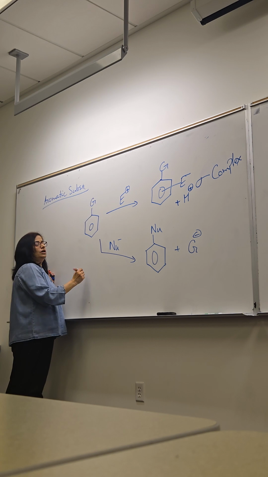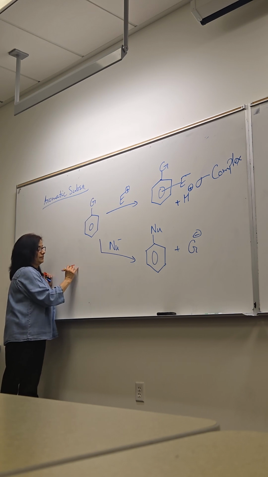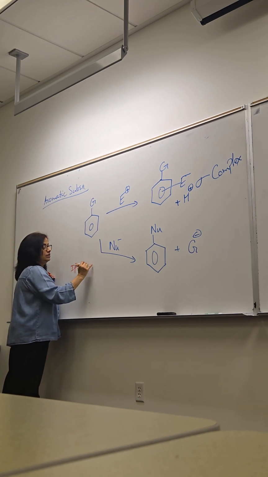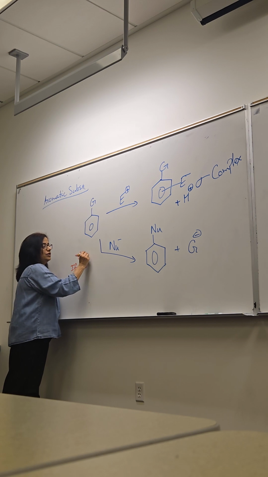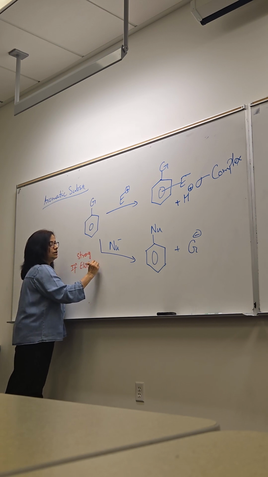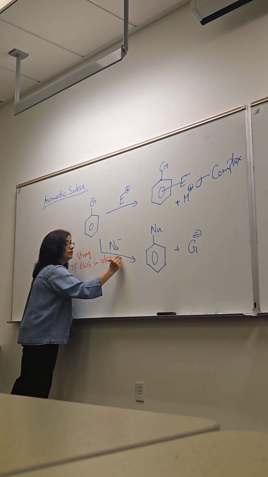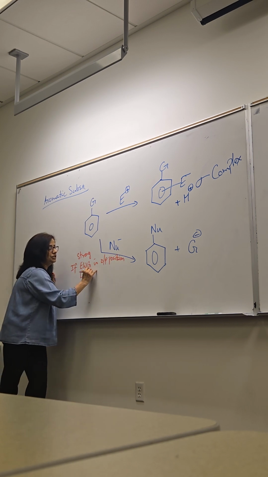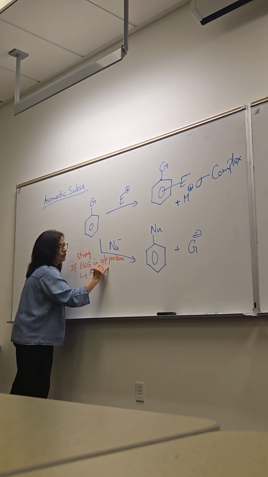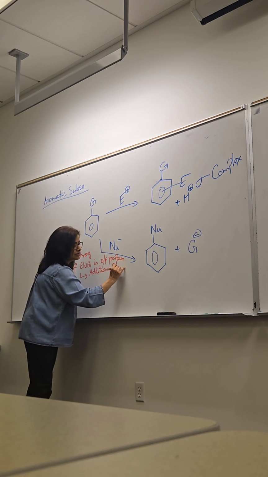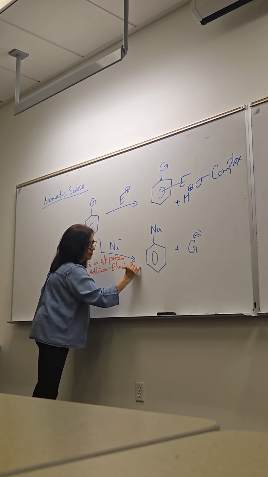Well, if there is a strong electron withdrawing group in the ortho or para position to the leaving group, then we do the addition followed by elimination mechanism. Carbanion, in both, yeah.